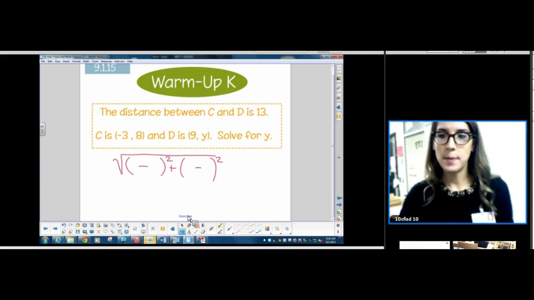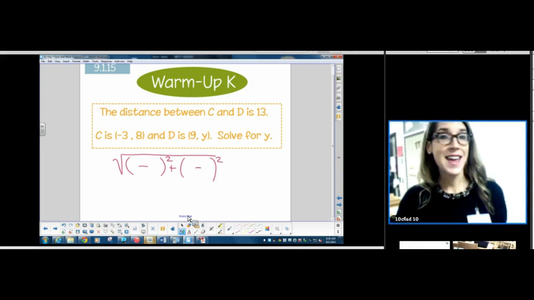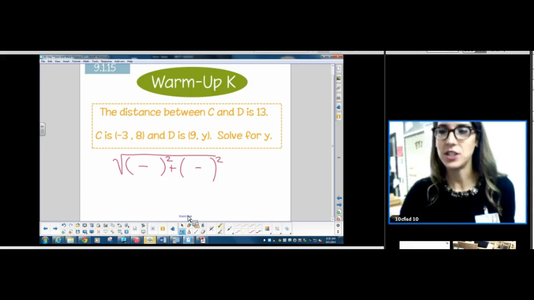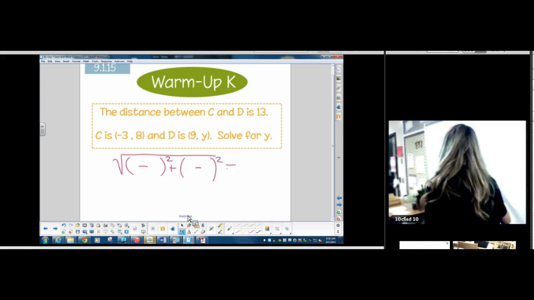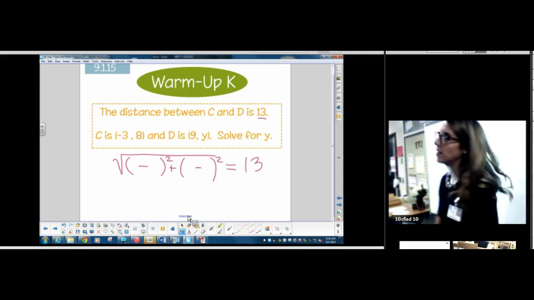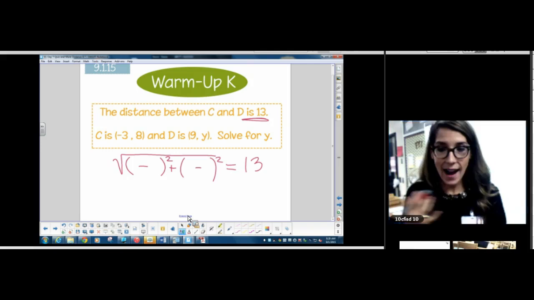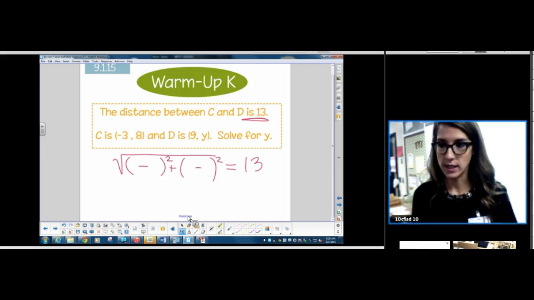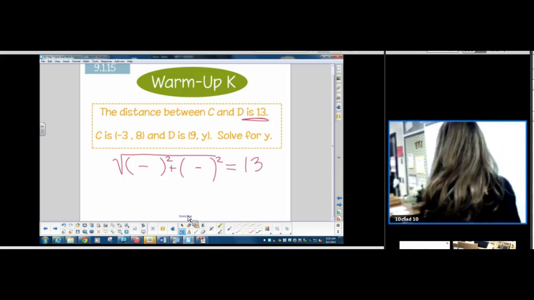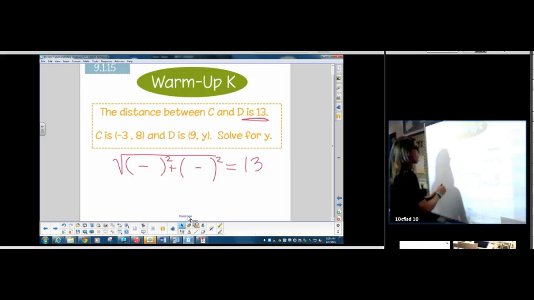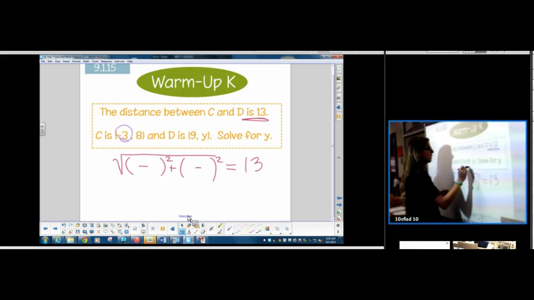Now, this warm-up is kind of like Jeopardy! I have the answer, and I need to know the question. So I already know the answer. The answer is 13. I already know what it's going to equal. I just need to find one of the coordinates. So then I taught you that to keep everything straight, you circle your X's and you underline your Y's.